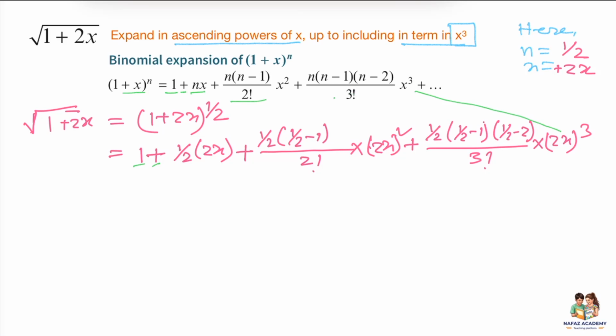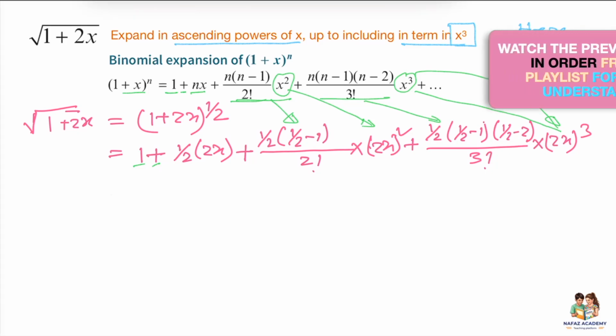And now the calculation. Do you understand? 3 factorial is this part, 2 factorial is this part, for x squared it is (2x) squared, for x cube it is (2x) to the power cube. Just substitute the value.